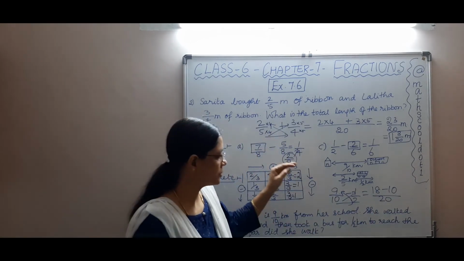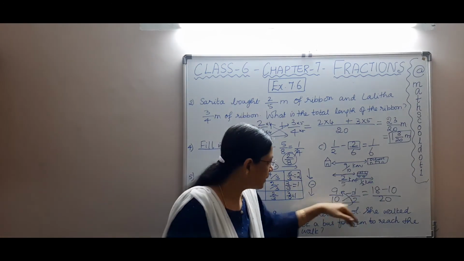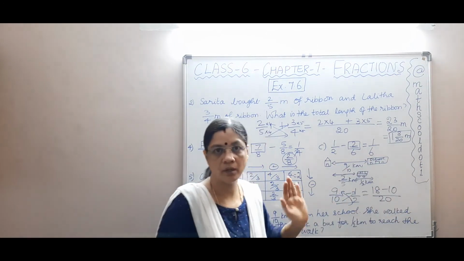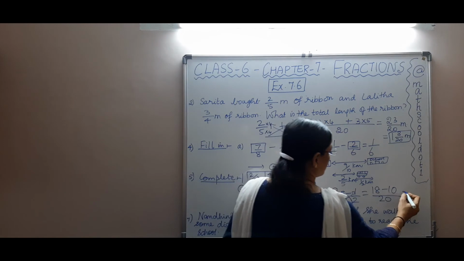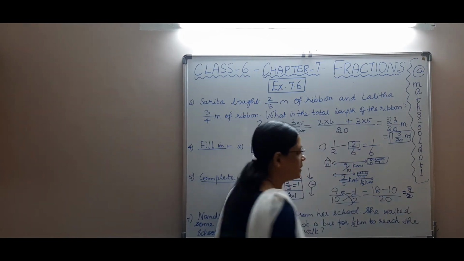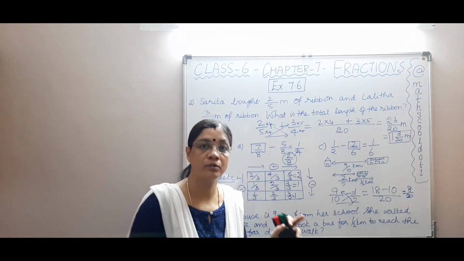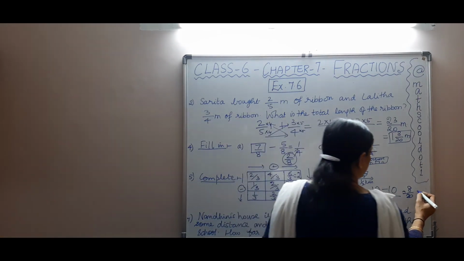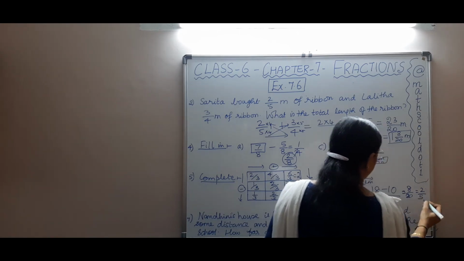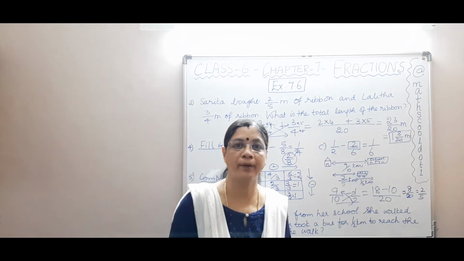You just cross multiply the numbers, put it in the numerator, and multiply the denominators, put it in the denominator. So you get 8 by 20. When I divide 8 and 20 by 4, because 4 is the common factor for both, I get 2 by 5 again. So you have the exact answer, that is 2 by 5 kilometers.